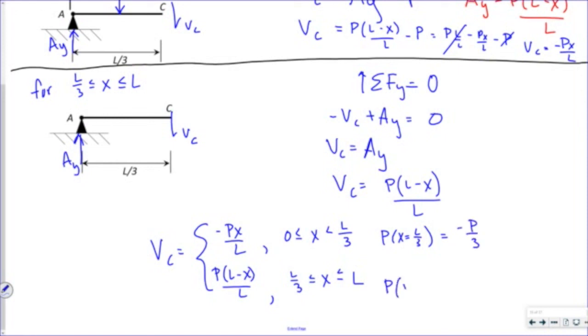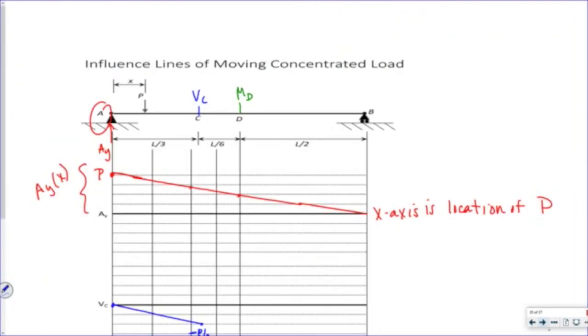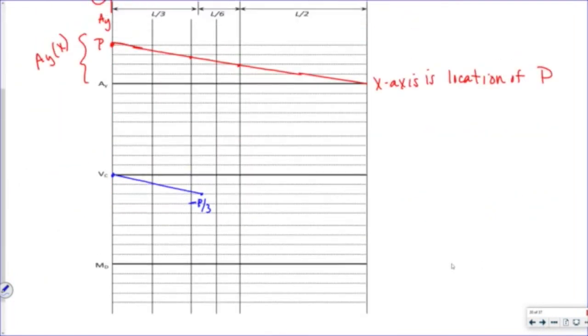If I look at the second function at L over 3, I get L minus L over 3, so 2/3 L. So 2/3 P. So let's see, that's 1/3, that's 2/3.